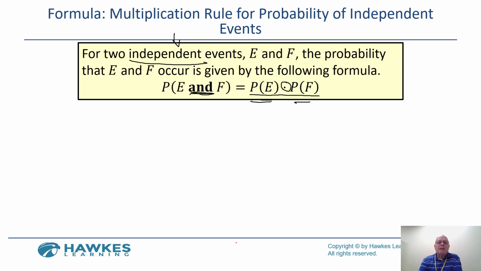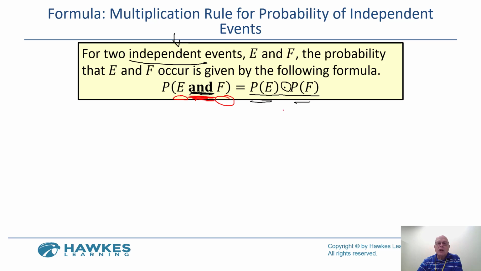For two independent events, if the probability doesn't change, then the probability of both those events happening, E and F, remember this is AND. The OR probability was covered with an addition rule. This is the multiplication rule when we have an AND.